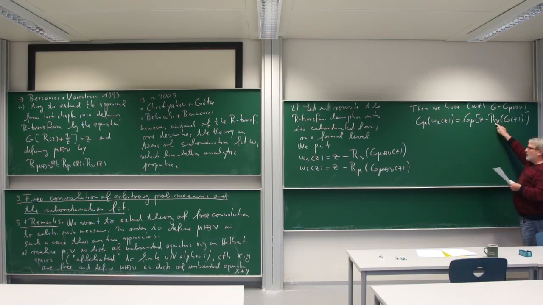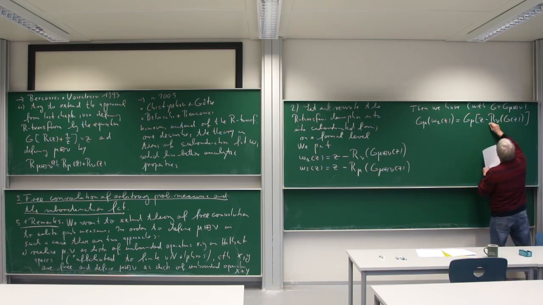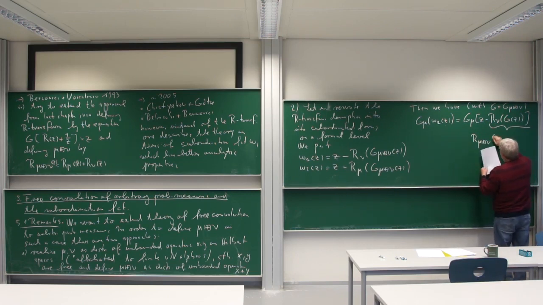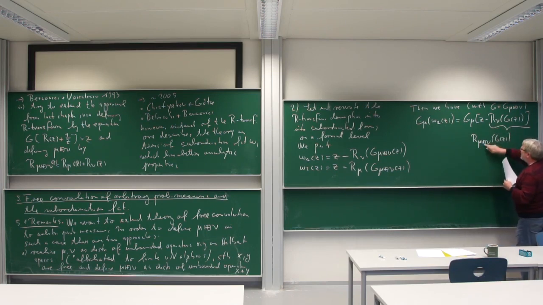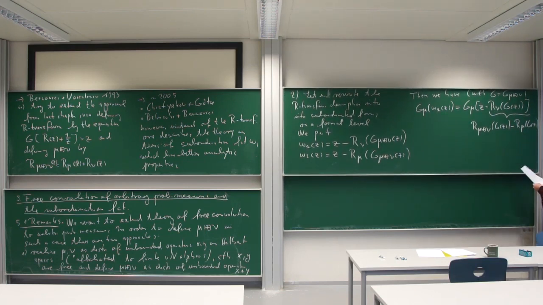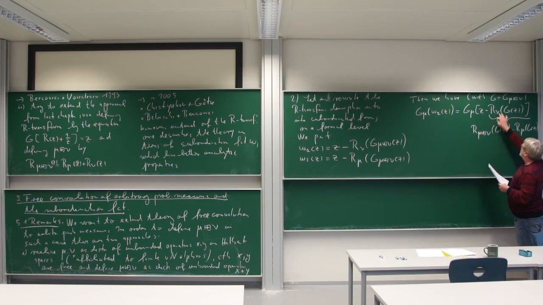But on the R transform, I have this additivity, so I can rewrite this as R of mu plus nu of this argument. Okay, but this is the sum of this and this, so I should subtract the R mu of G of z. Okay, this is just the additivity.